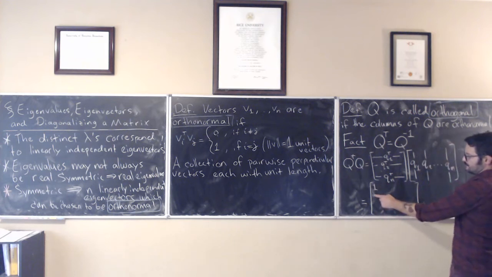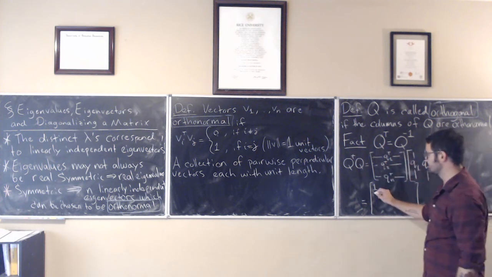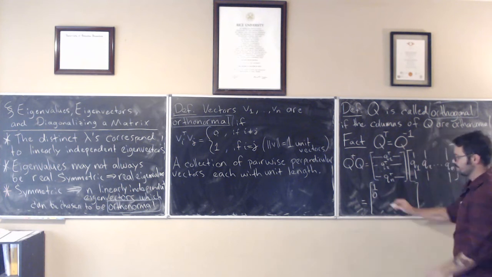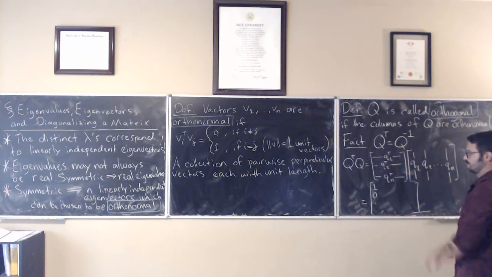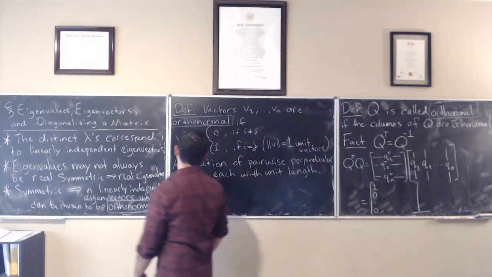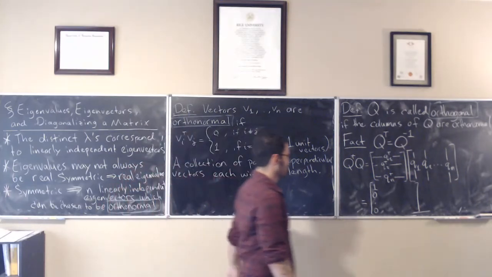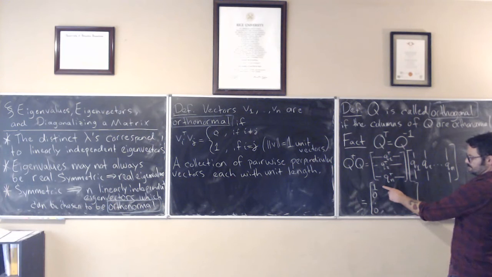How do we get the second entry? It's going to be Q2 transpose times Q1. Well, these are orthogonal, they're perpendicular, which means that the inner product between them is going to be 0. And that follows all the way through to the last one, which is 0 because they are orthonormal.